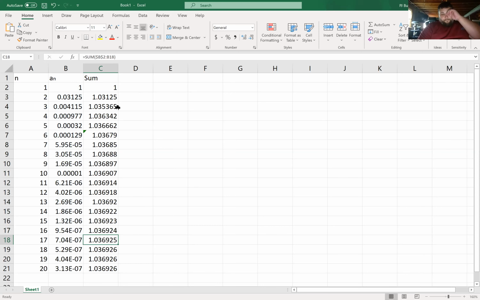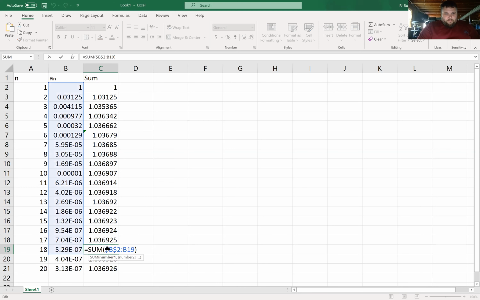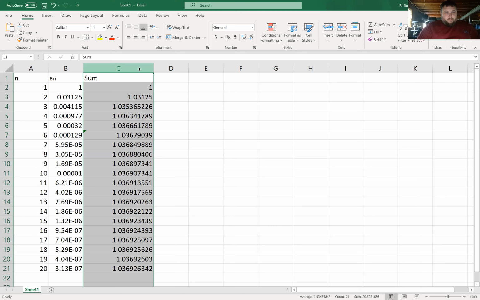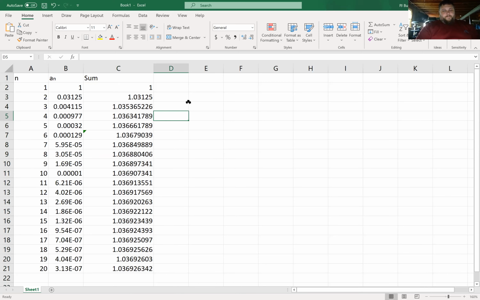Okay. So I believe they should all be good now. Let me expand this cell. And then that should be fine. Okay. So we were trying to be accurate to 5 decimal places. Why is this one green?